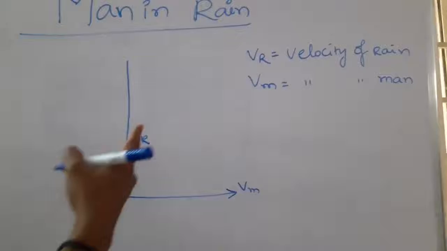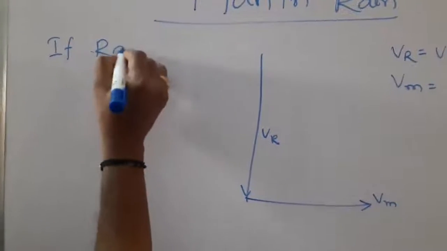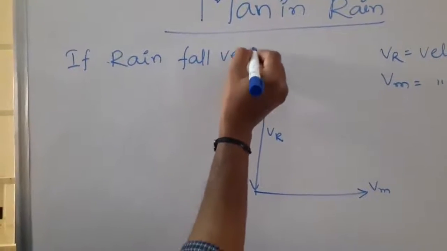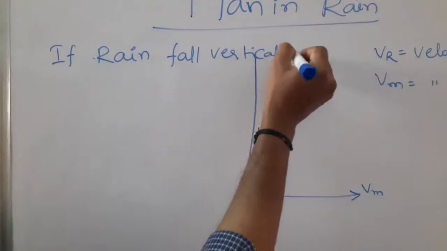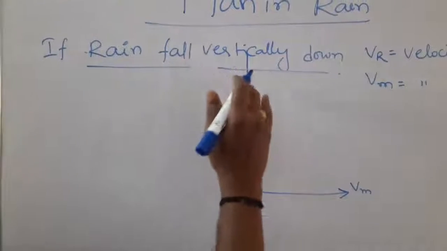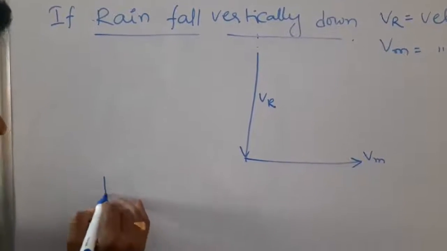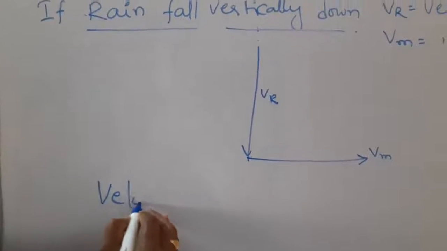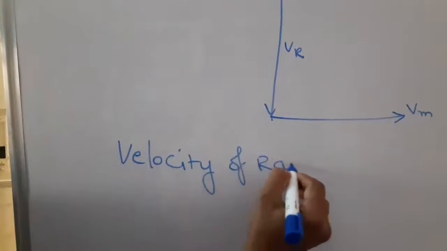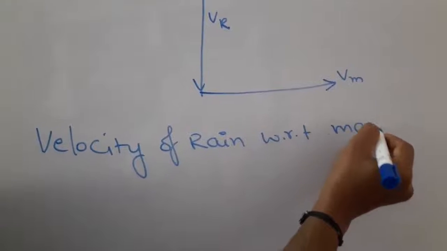Now, here, if rain falls vertically down, what is the velocity of the rain with respect to man?